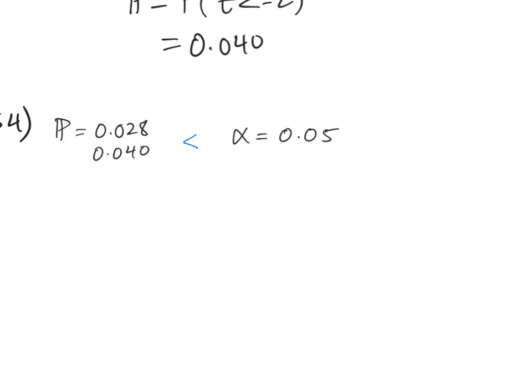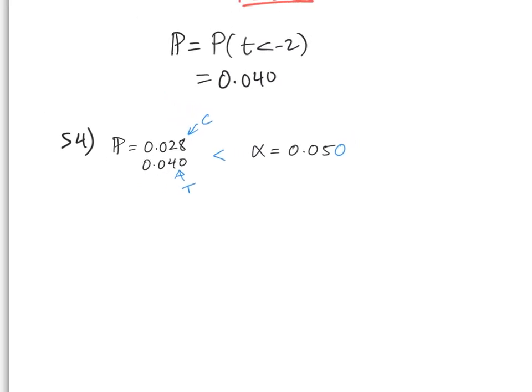So 0.028 is less than 0.05, because this has a 0 there, just to make sure. And also 0.40 is less than 0.50. The calculator is more precise, but you don't need a precise answer. If the p-value is less than alpha, remember what that means? Reject H0. And that's it.